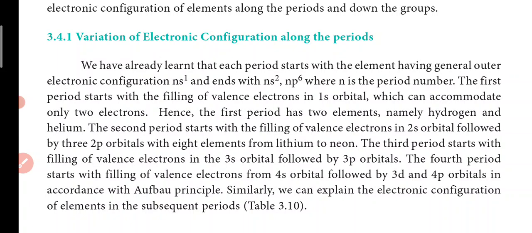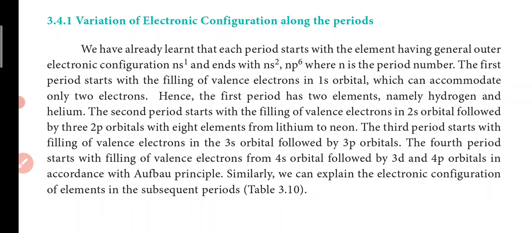The first period starts with the filling of electrons in the 1s orbital, which can accommodate only 2 electrons. Hence the first period has 2 elements, because it has only 2 electrons in it. An s orbital can accommodate only 2 electrons, a p orbital 6 electrons, a d orbital 10 electrons, and an f orbital 14 electrons.